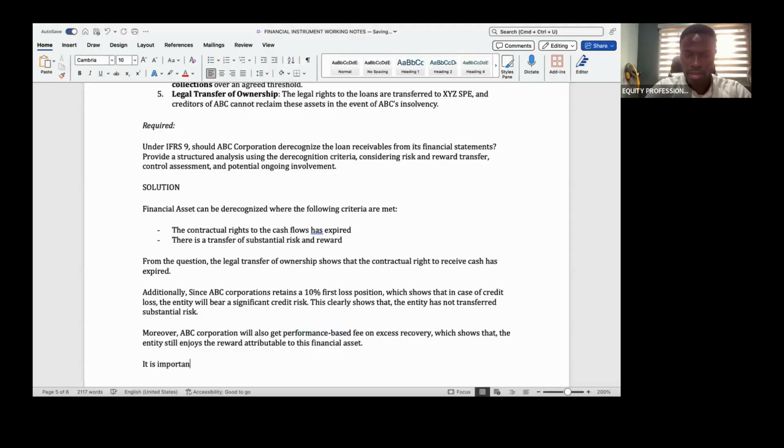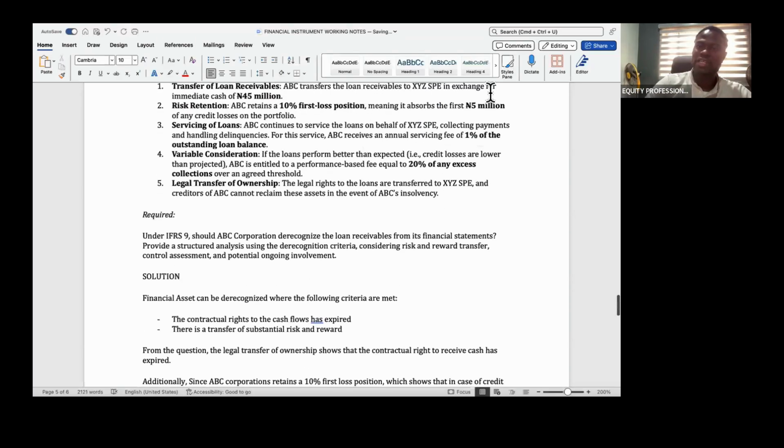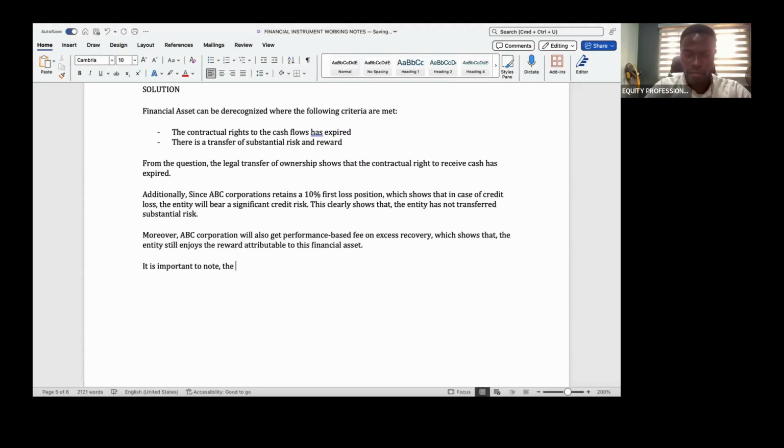It is important to know that the service fee of 1% for the services rendered by ABC Corporation does not affect the recognition of the financial asset.